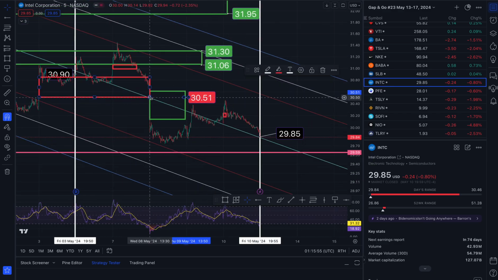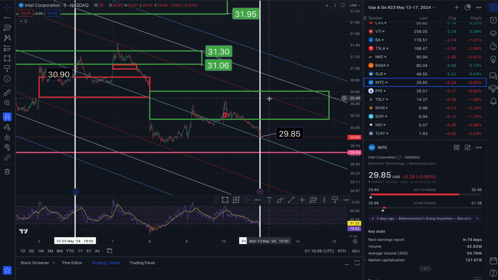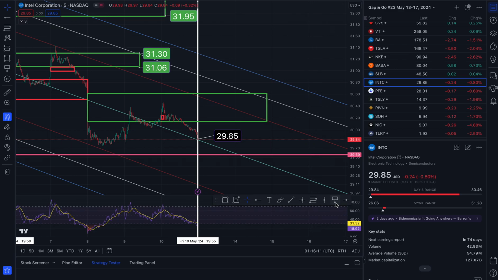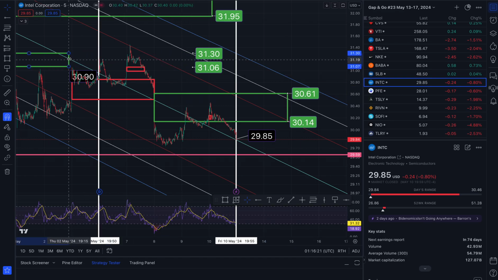Where is this 31? I think that was supposed to be for that one, but that's okay. This gap opened up last week, and this one is still in play. Okay, this one definitely needs to get cleaned up.